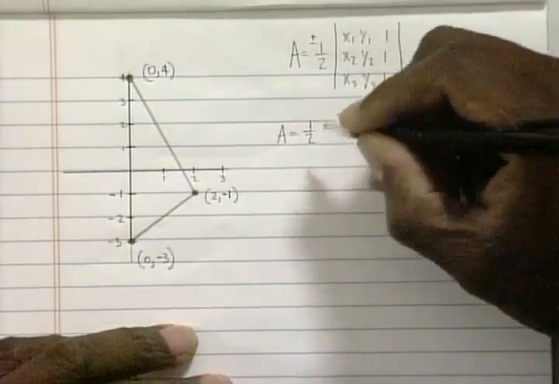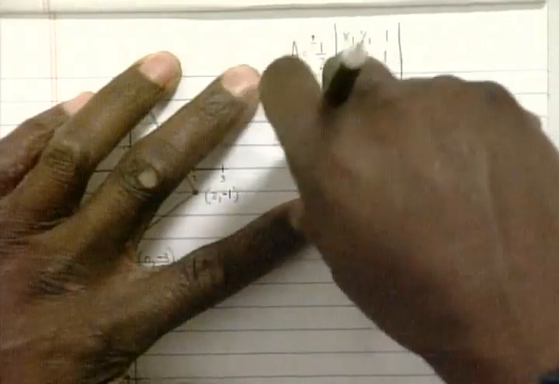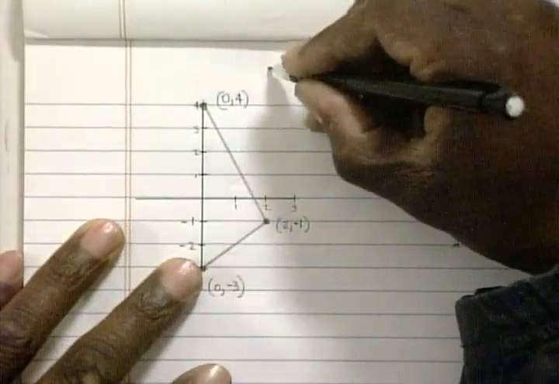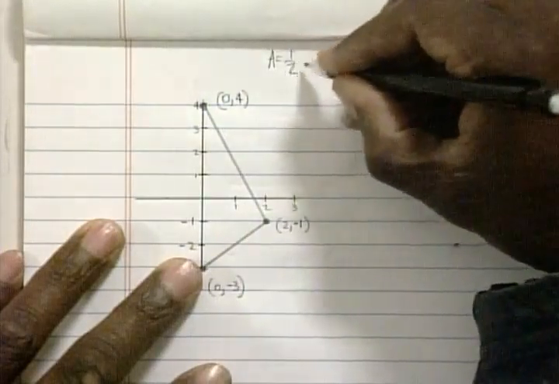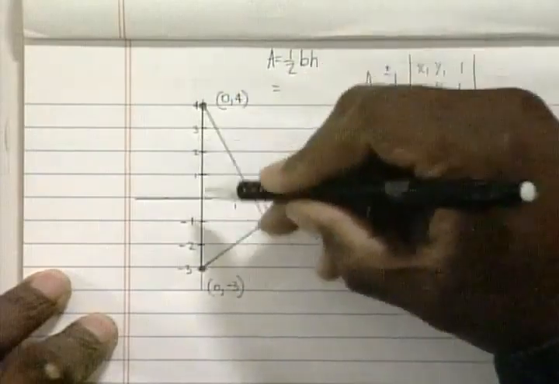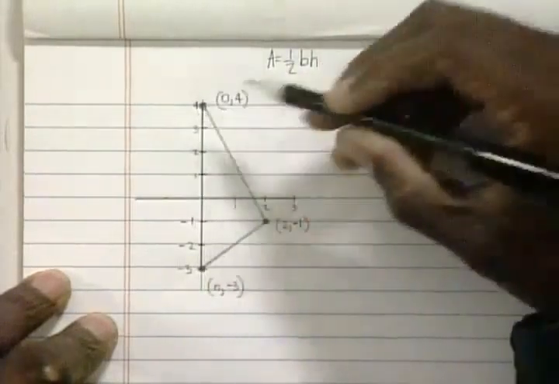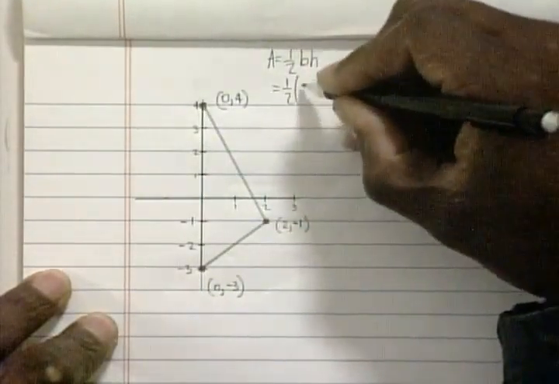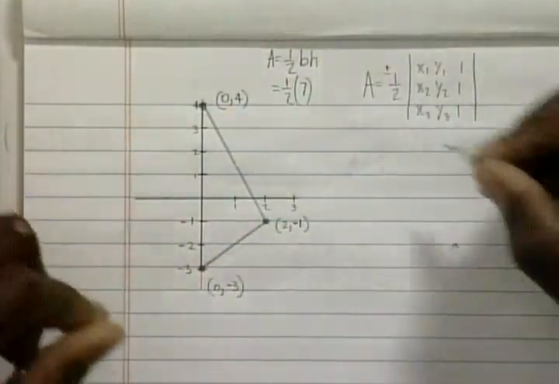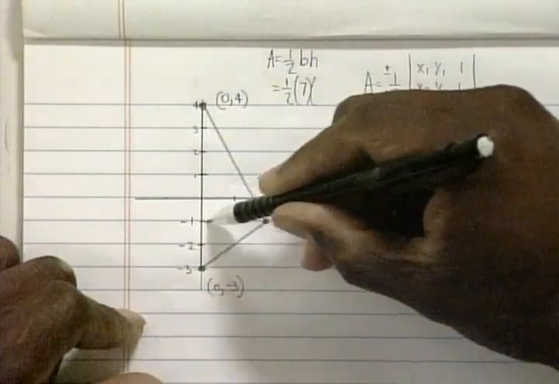Area is just 1/2 the base times the height, where the base here is this distance here, which is 7. So it's 1/2 of 7, top minus bottom, 4 minus -3 is 7, times the height of the triangle.